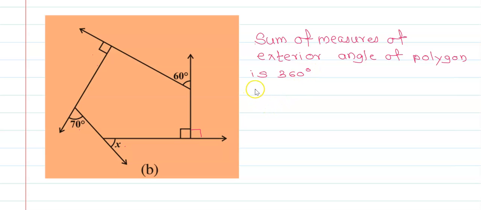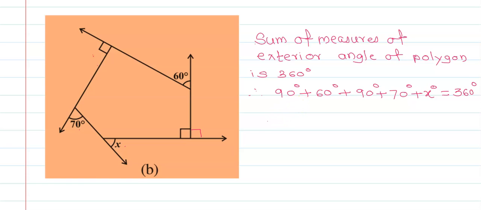360, and therefore the first angle here is 90, next 60, plus again here 90, plus 70, plus x degree, and that is equal to 360.